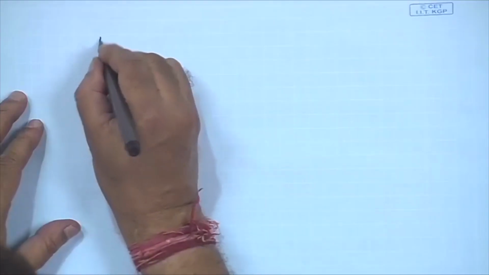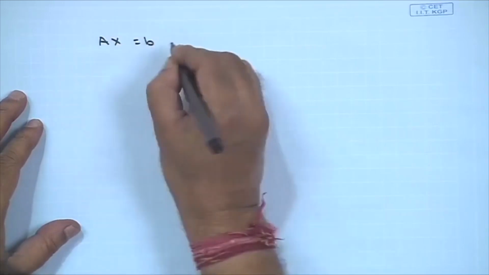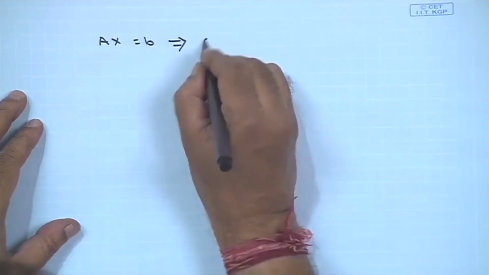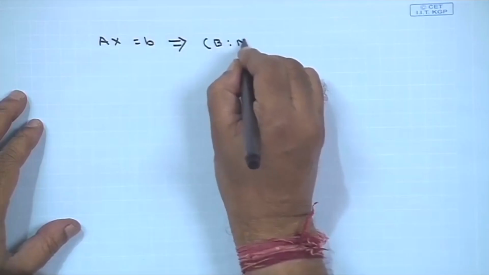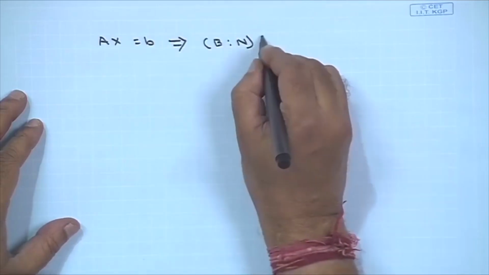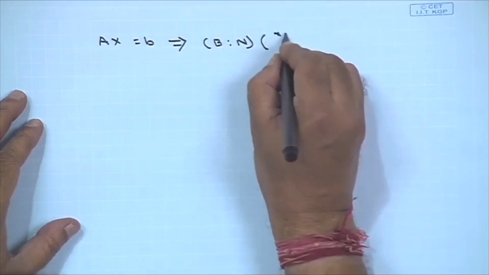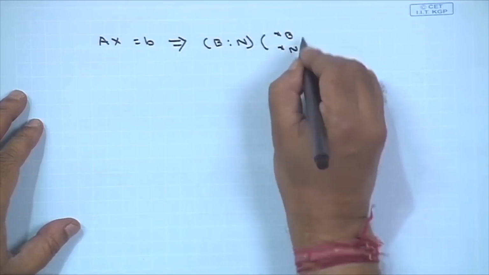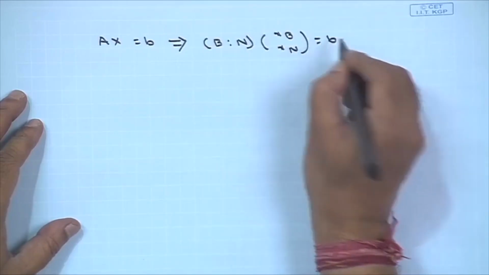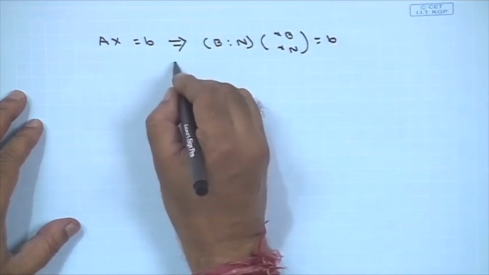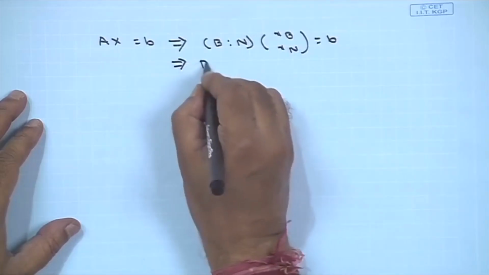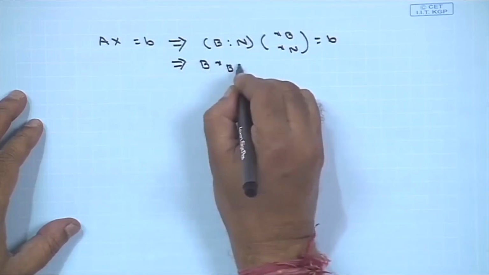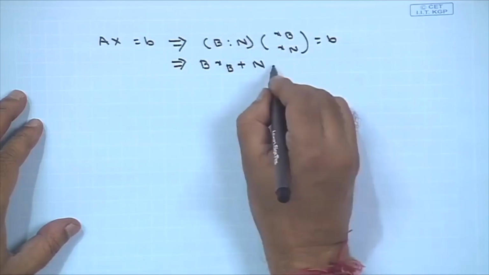Your Ax is equal to B, which you can write as, from the earlier one, A can be denoted by B and N, x can be denoted by xb and xn, this is equal to B, which implies B into xb plus N into xn.